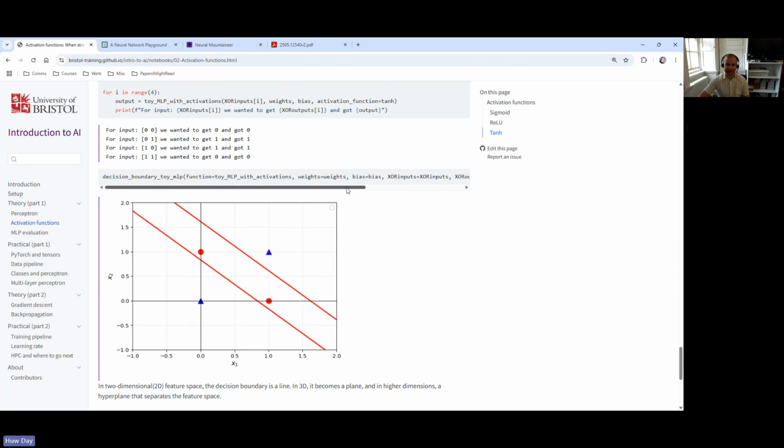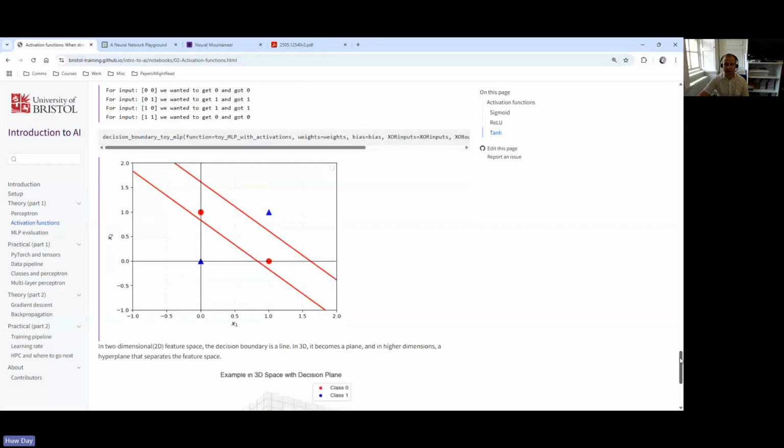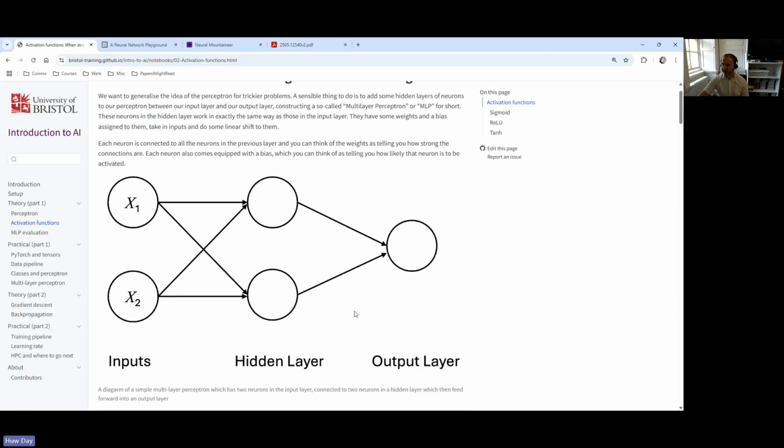In this case, a good activation function is the hyperbolic tangent, and so it ends up drawing a line that loops like this, which means you're able to capture one of the classes in the middle and exclude the other classes on either side. And so that's able to solve your classification task for you with a neural network that is this complicated. So in the grand scheme of things, not very, right?